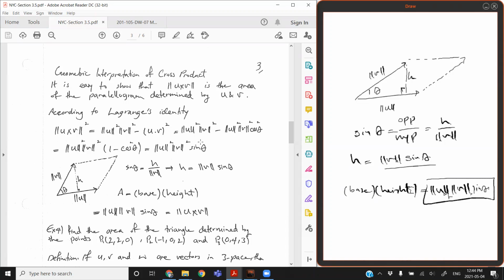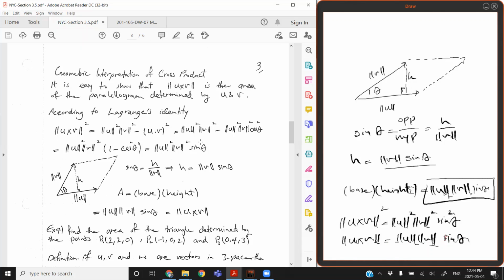I am missing a squared here in the notes, so please correct it. If norm of u cross v squared is norm of u squared times norm of v squared times sine theta squared, then norm of u cross v is norm of u times norm of v times sine theta.